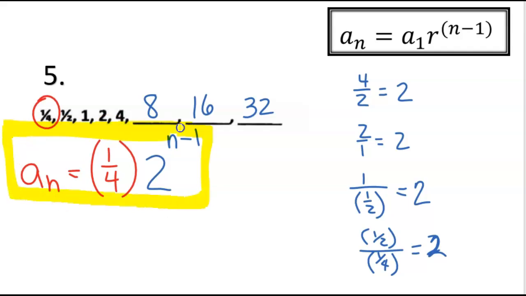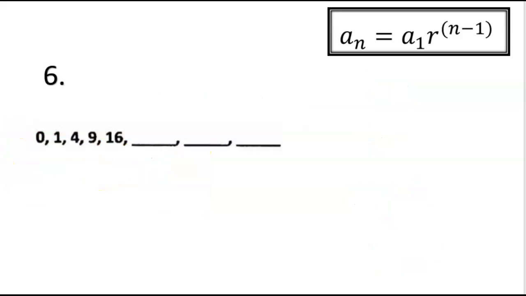This is the function rule for this pattern. I use the function rule for finding something like the 100th number in the pattern. I wouldn't want to multiply this out times 2 100 times, and so I could use the function rule and skip all the way down there.